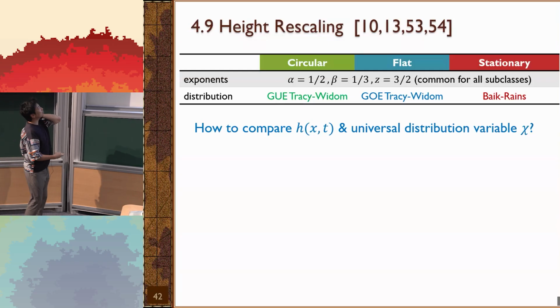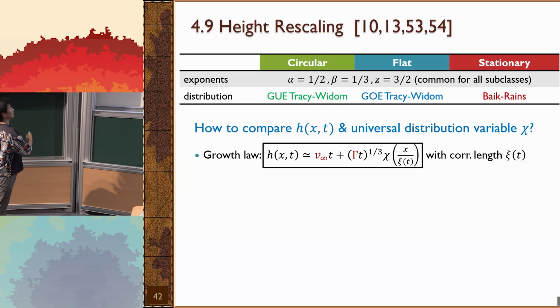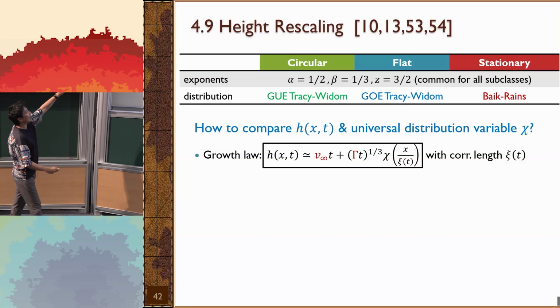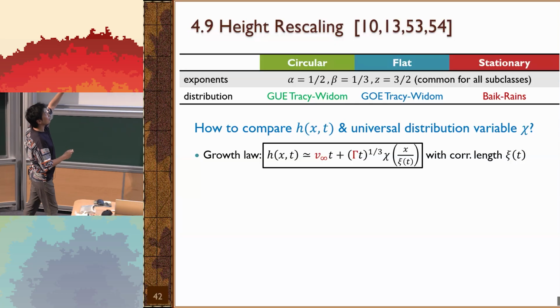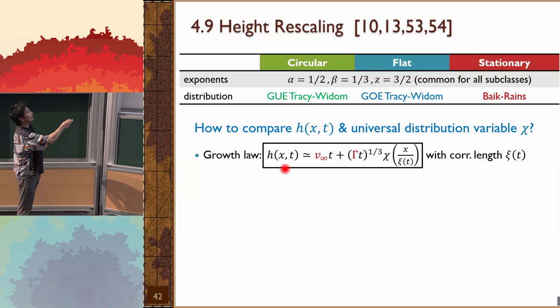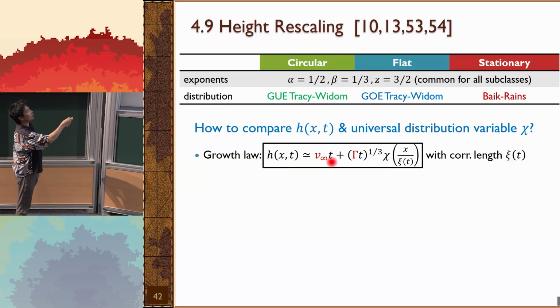So we need to know how to rescale. And for the sake of time, I just explain the result. So we know that in the 1D KPZ class, the height h grows like this. The leading term is proportional to time, and it's deterministic. There is no fluctuation here, and we can define the asymptotic growth speed v infinity.